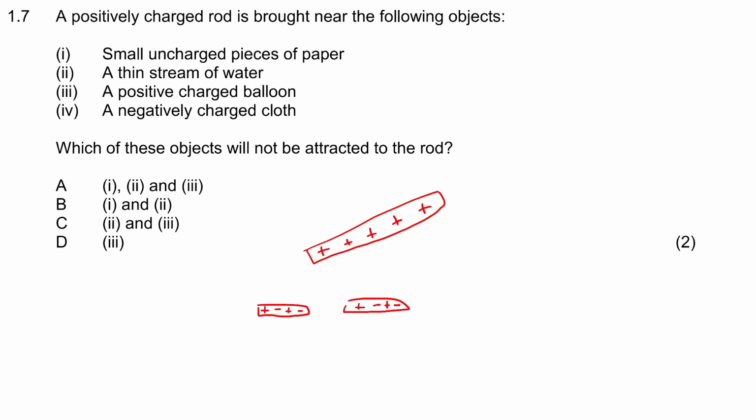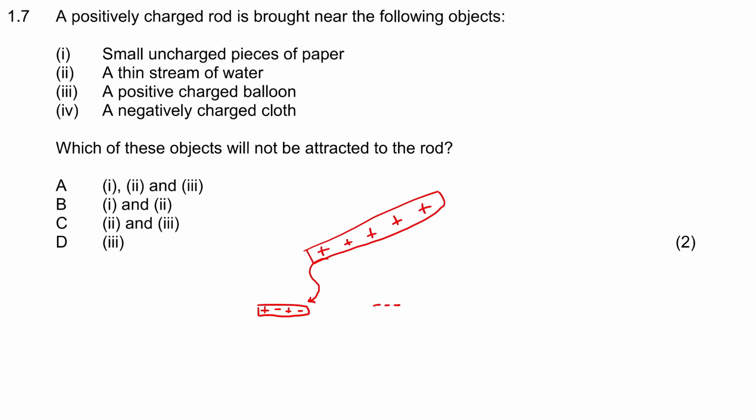So if you bring this rod close to this piece of paper, for example, let's say you bring the rod to that side over there, then what would naturally happen is that all of the positive charges will move away, because remember, opposites attract and like charges repel.